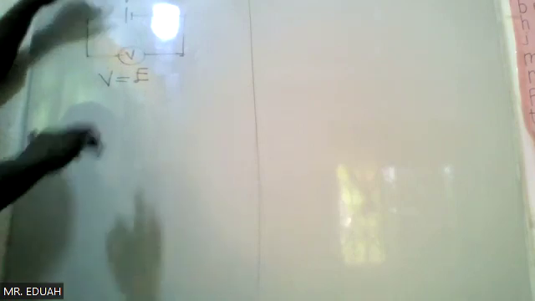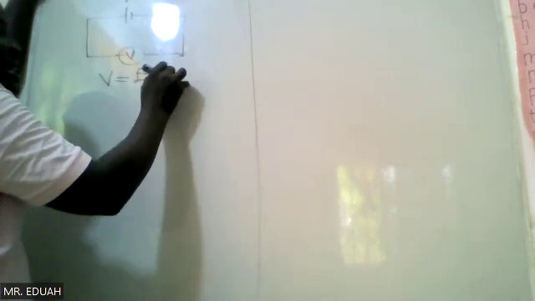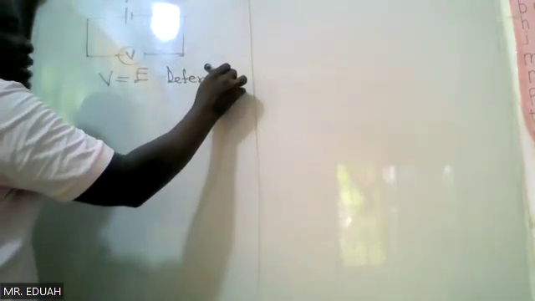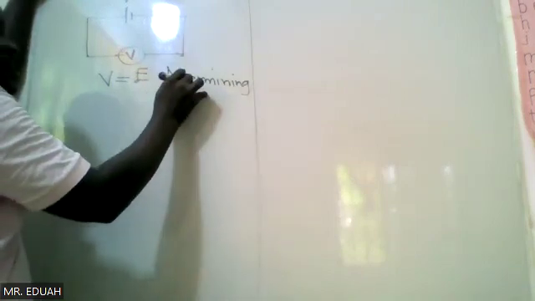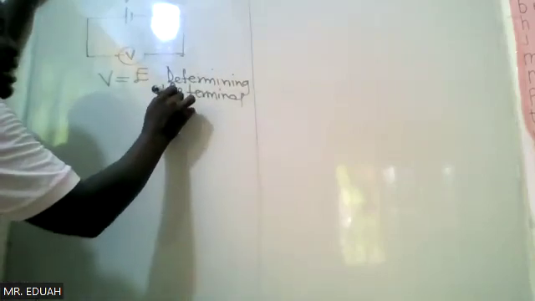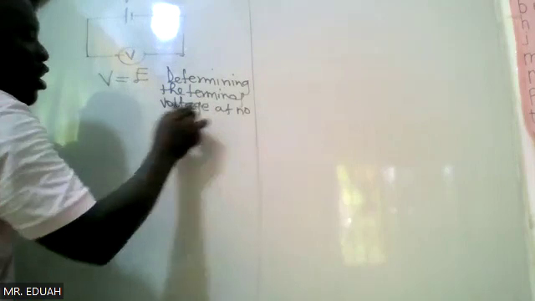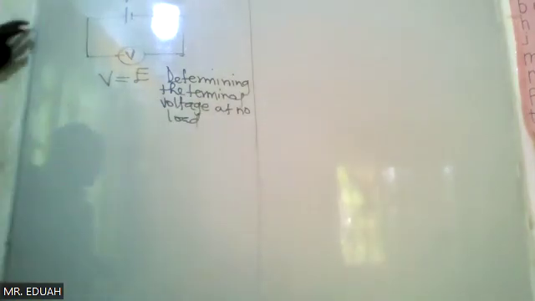So if the battery EMF is 1.5, the voltmeter also reads 1.5, and this is determining the terminal voltage at no load, when no resistor is connected in the circuit, or when there is no current flowing through the circuit, because the voltmeter has a very high internal resistance and it will prevent current from passing through it.